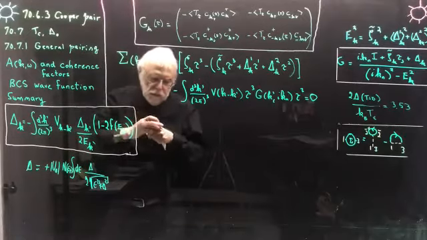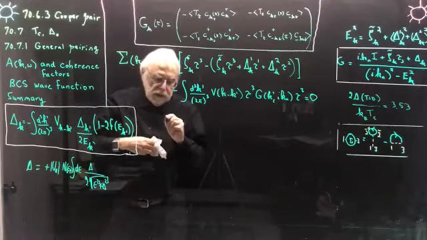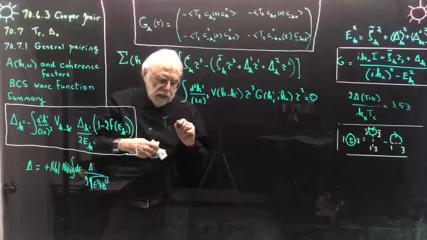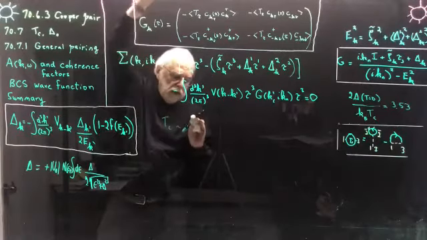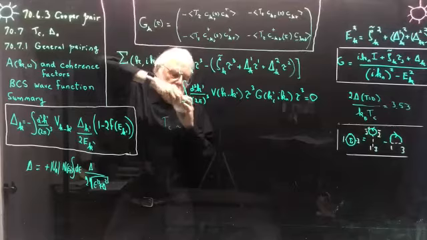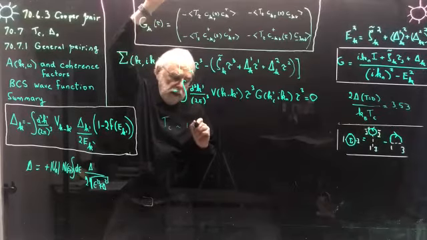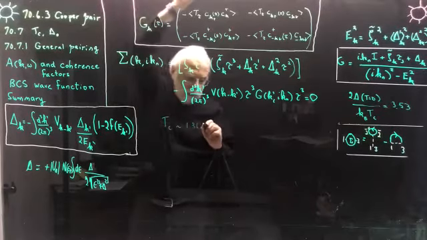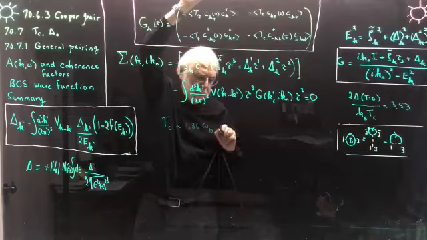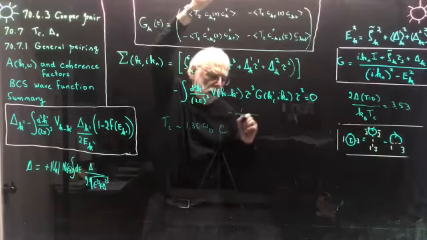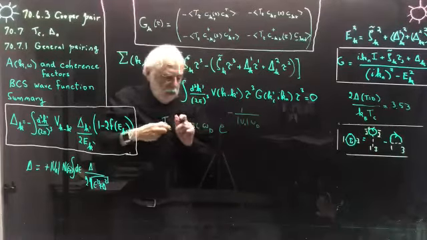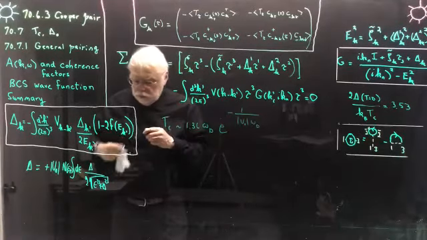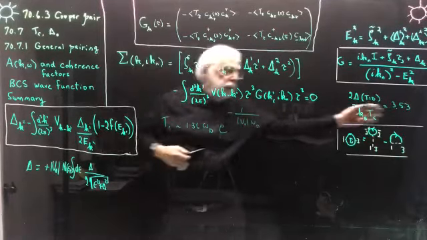So for example, for TC, you find that TC is of order, well, there's a numerical constant, 1.36 times omega Debye times exponential of minus 1 over the density of states times U0. And there's some similar structure for delta. So the ratio is this.